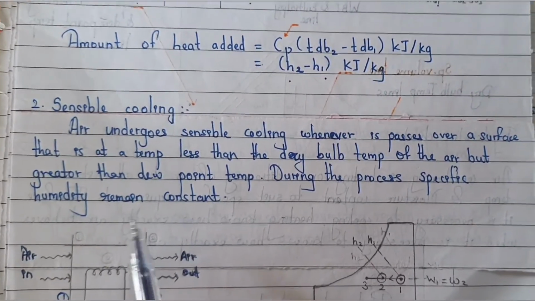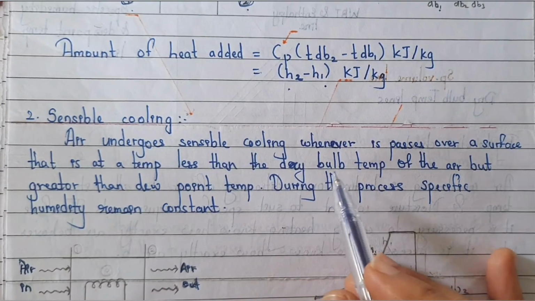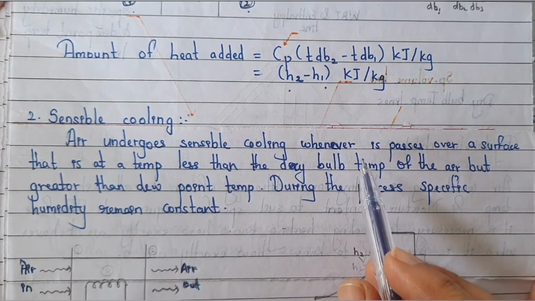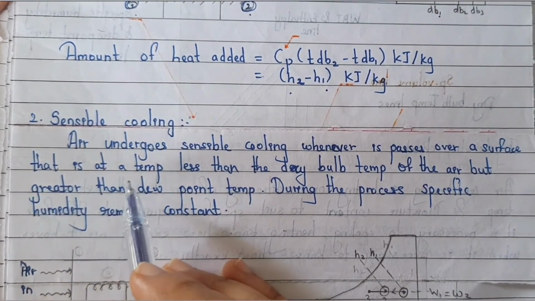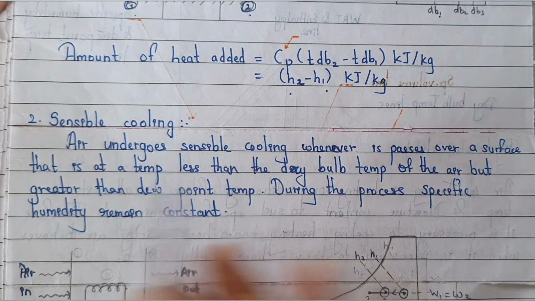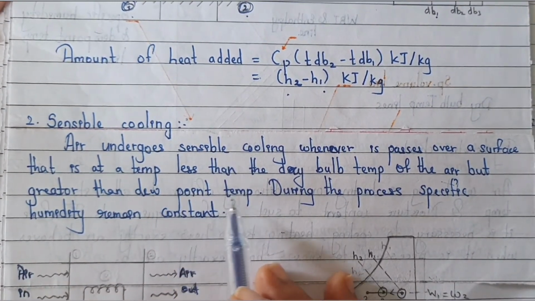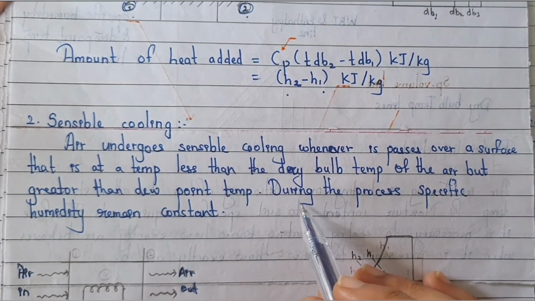Now our next concept is sensible cooling. Air undergoes sensible cooling whenever it is passed over a surface that is at a temperature less than the dry bulb temperature of the air but greater than the dew point temperature.